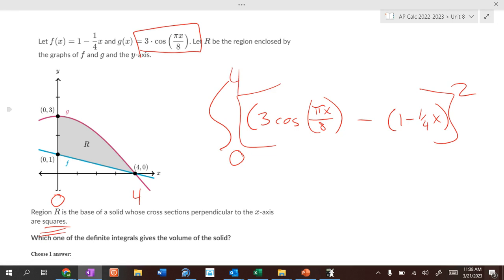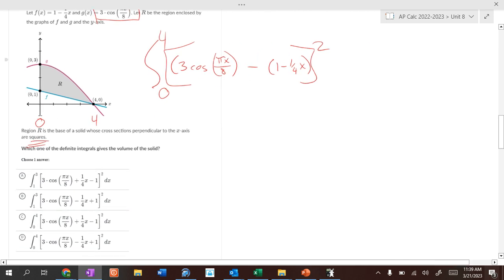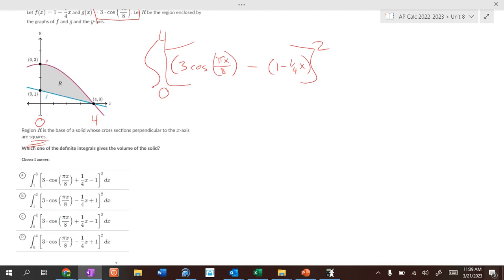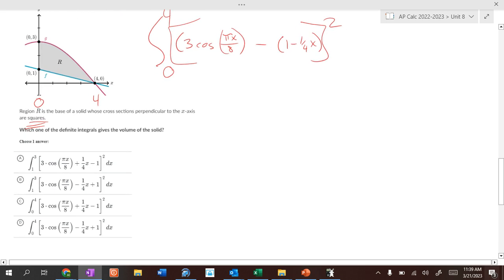So if we do that, we got to find the right answer. And none of them match mine. Why don't they match mine? And I know it's kind of small. What's different from mine to theirs? What property did they do? The distributive property. Boom, boom, boom.